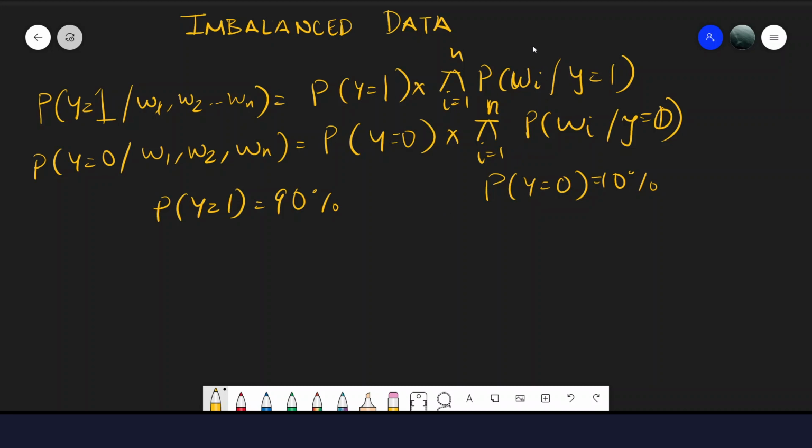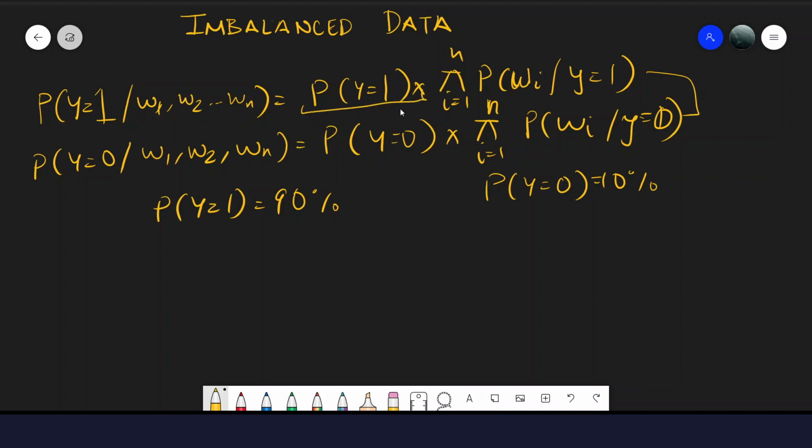Even if the word probabilities are similar, because here you're just taking the proportion of the words that appear in class 0 and the words that appear in class 1, this will highly tilt the probability in favor of class 1.